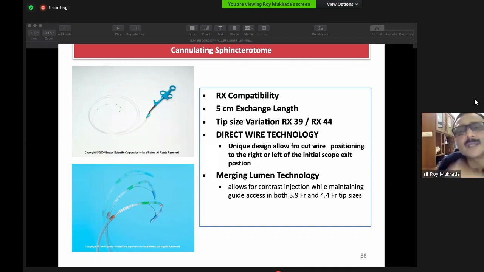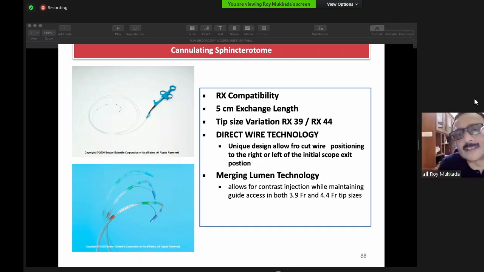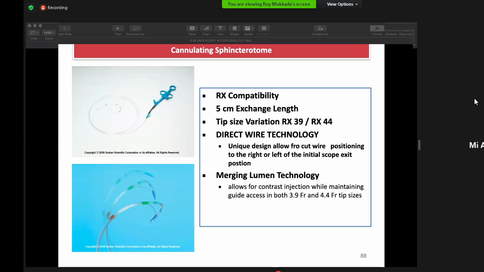How far do you make a sphincterotomy in biliary? Is there any idea of how much you should cut? Yes, sir. Actually, we will see the direction of the biliary tract. Then you can cut up to the fold. Suppose the bile duct is dilated in one case, and in the other case it is very narrow.